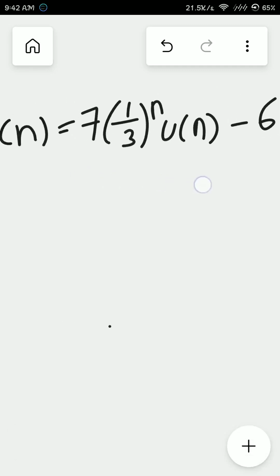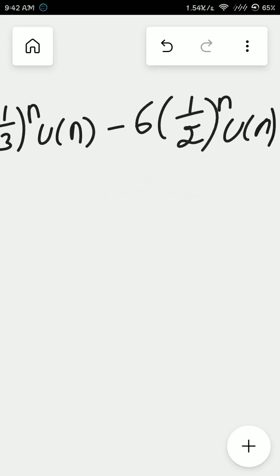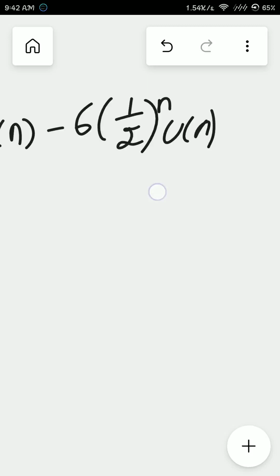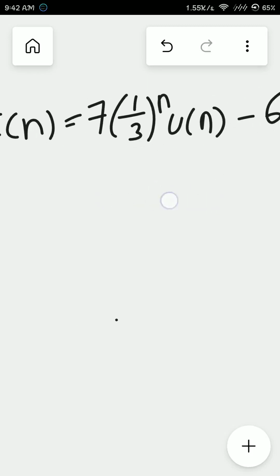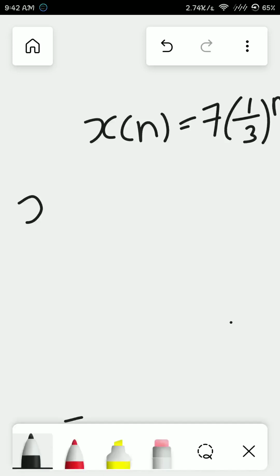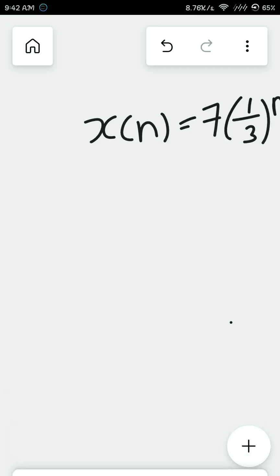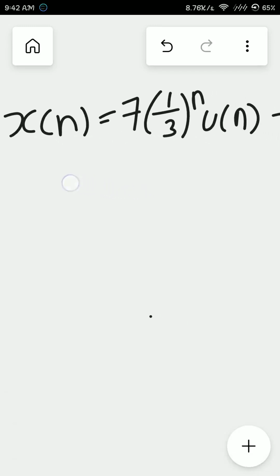So what is my question? It is 7 into (1/3)^n into u of n minus 6 into (1/2)^n into u of n. The very first thing I have to do is take the X of z formula. What is the X of z formula?